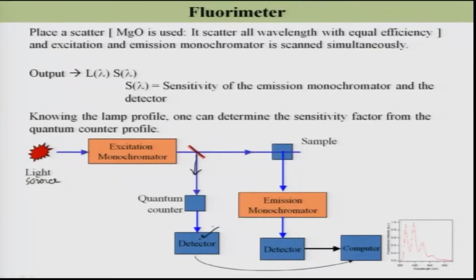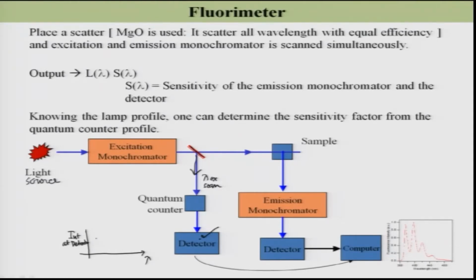In this case the complete emission from this molecule will be detected, and as you change the excitation wavelength, lambda excitation scan, the detector signal will also vary accordingly. If you plot the intensity at the detector, then this detector intensity will also vary as per the lamp spectra.